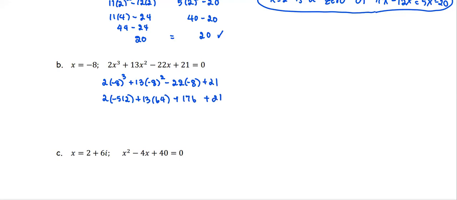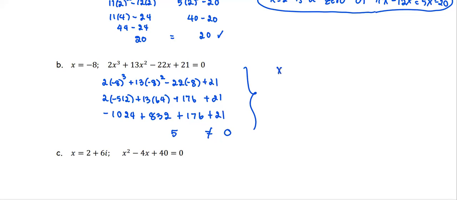2 times negative 512 is negative 1024. 13 times 64 is 832, plus 176, plus 21. Putting it in a calculator real quick, it turns out to be the value 5 on the left-hand side. That means it's not the same as the number 0, which is the value on the right-hand side of the equation.